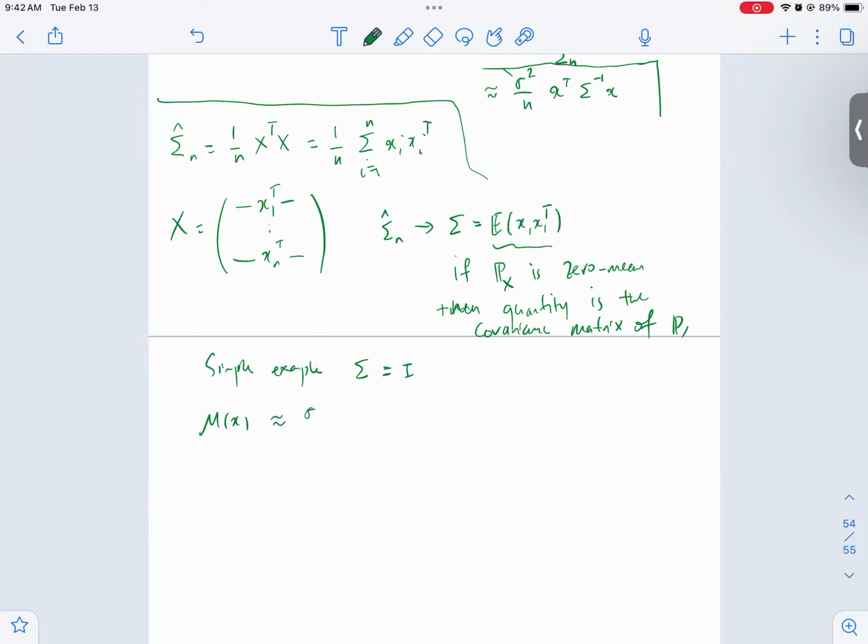It's going to be approximately sigma squared, and sigma inverse goes away, so you get x transpose x, or rather sigma squared over n times the L2 norm of x squared.